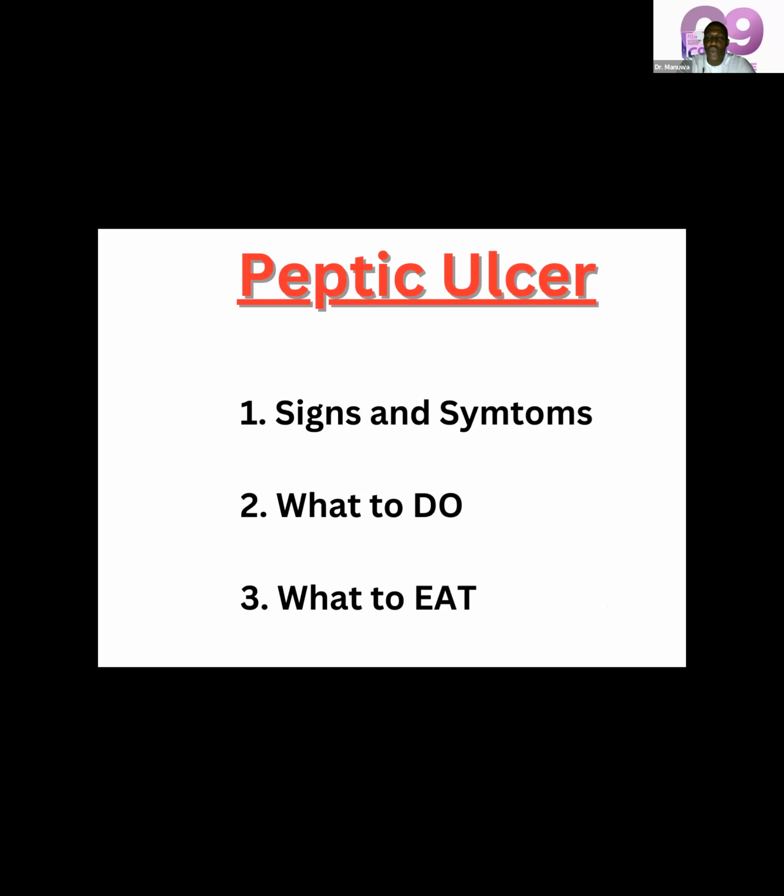Then what are you going to do? The third one. What is the third thing that you need to do if you have peptic ulcer disease? Is to avoid stress. And also, if you want to prevent peptic ulcer disease, you should also what? Avoid stress.